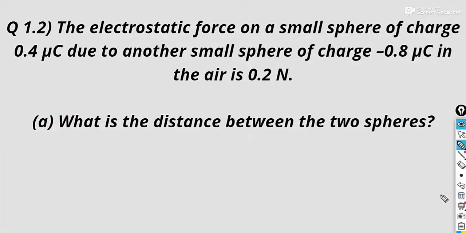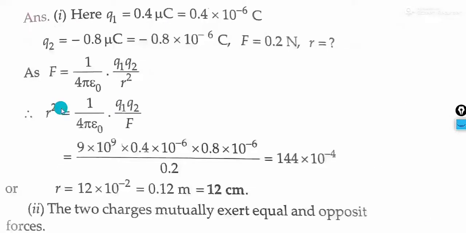If we move to the solution, here we consider q1 as 0.4 microcoulomb. If we convert it into coulomb, it will be 0.4 into 10 to the power minus 6 coulomb.